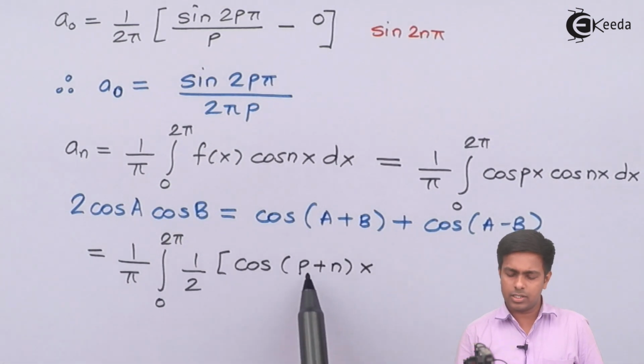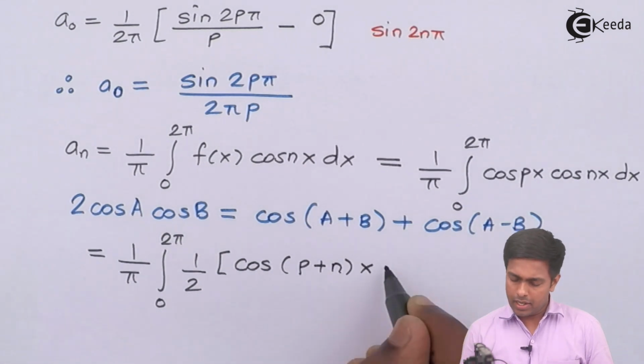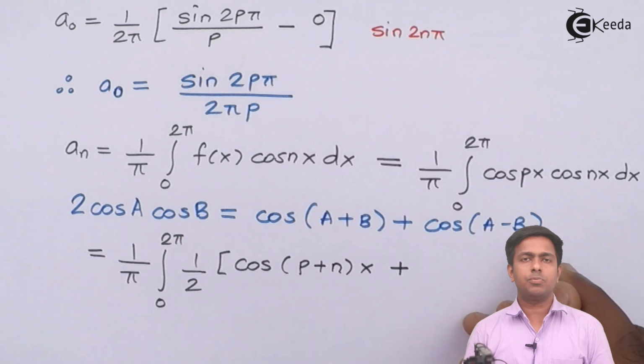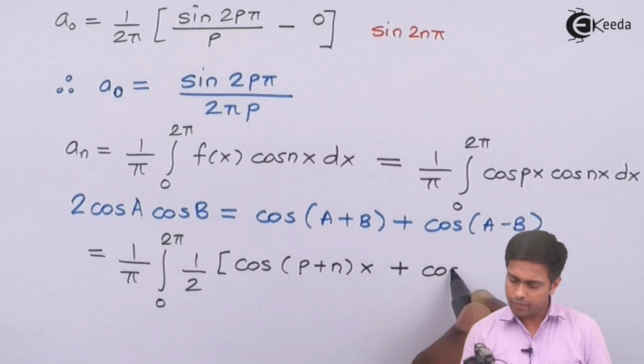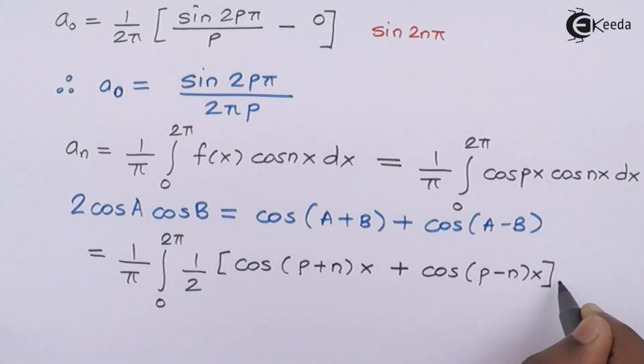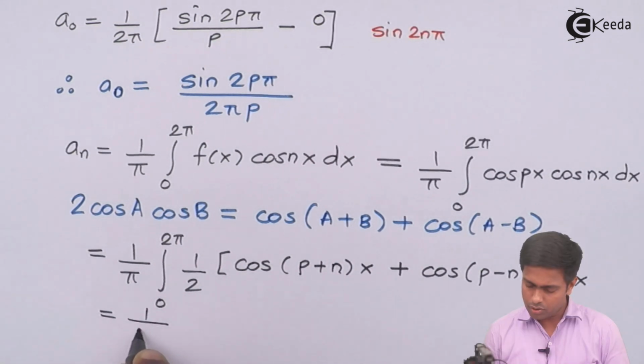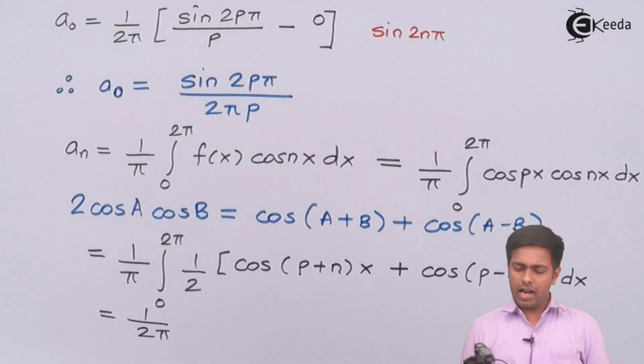So you can see here this is px plus nx plus cos of a minus b, so that is cos of (p minus n)x dx. Now guys, this half will come outside and that will become 1 by 2 pi. So here I'll write down 1 upon 2 pi, and for these two terms we'll evaluate the integration.